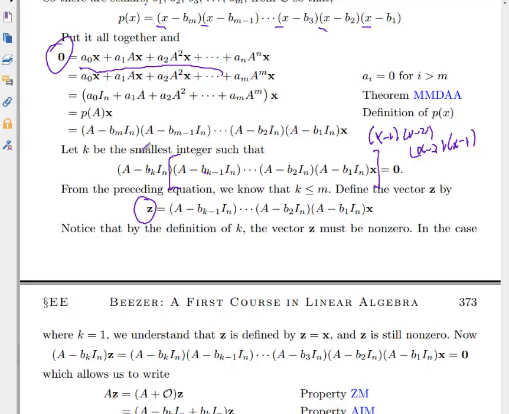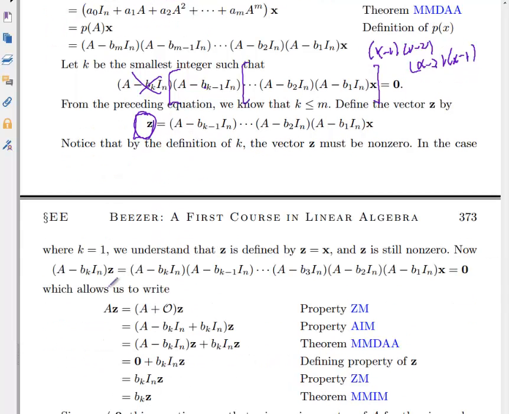If z is 0, then chop off this one and take A minus b_(k-1) I and take that one. At some point, you know that x is non-zero, so there must be a first place where you end up with a 0 vector. So just keep on going till you get the 0 vector and then go back one. So here we have a non-zero vector, and A minus b_k I times z is equal to 0.